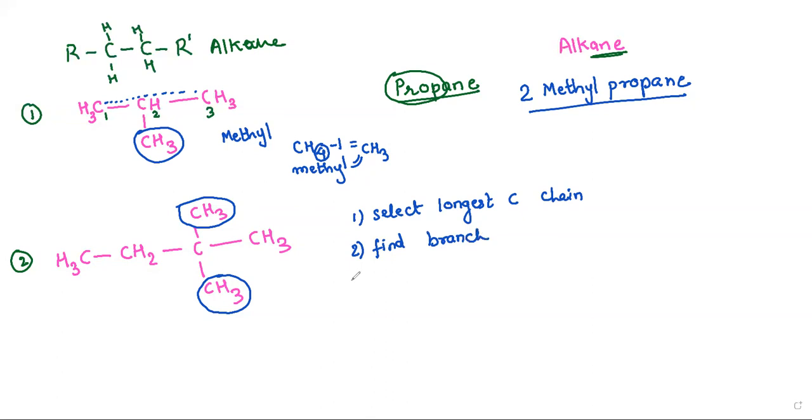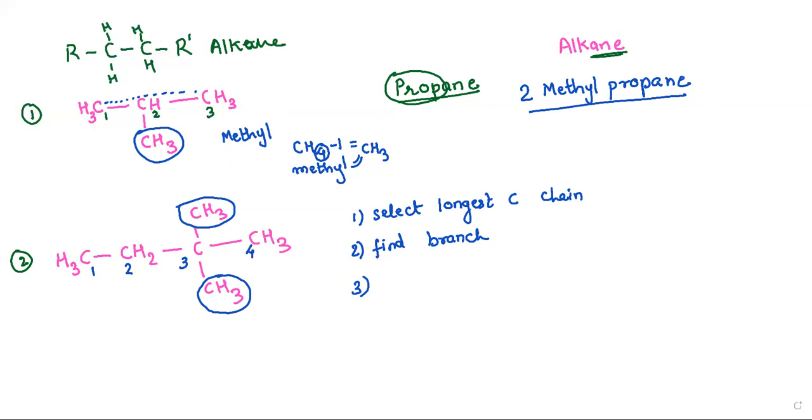Suppose it is having a double bond, then you can take it into consideration as alkenes and so on. Right now these are all single bonded, so let's go for alkanes. Now the third point: I have two possibilities. This is one possibility, 1, 2, 3 and 4.